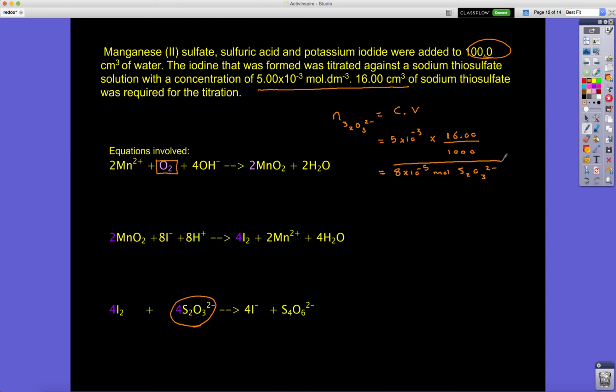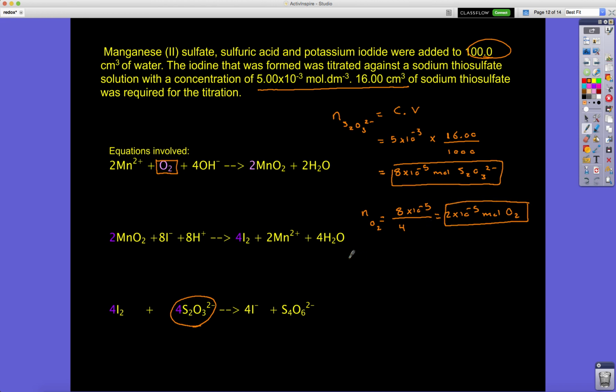Now remember, if you walk backwards, this will say for every 4 moles of this, you need 1 mole of oxygen. So in order to find moles of oxygen, I'm going to divide this number by 4. It's 1/4 of that, which is 2 times 10 to minus 5 moles of oxygen in 100 centimeter cube of that sample of water.